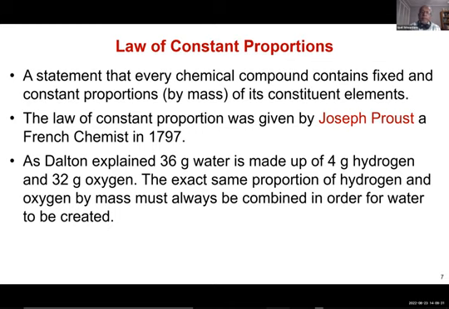The exact same proportion of hydrogen and oxygen by mass must always be found in water that is present everywhere. Water is a compound, it has a constant proportion of the elements that make up water, in a 1 to 8 ratio.